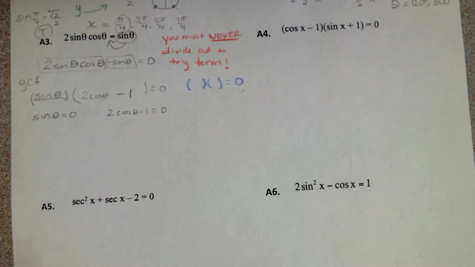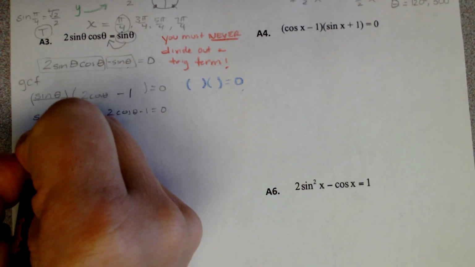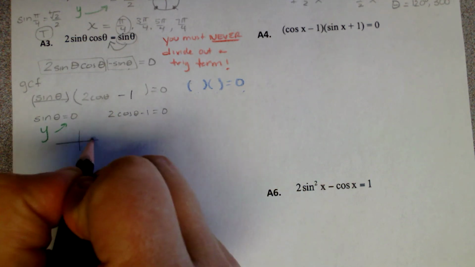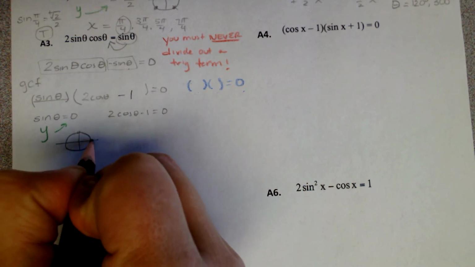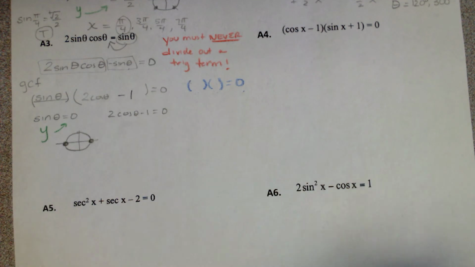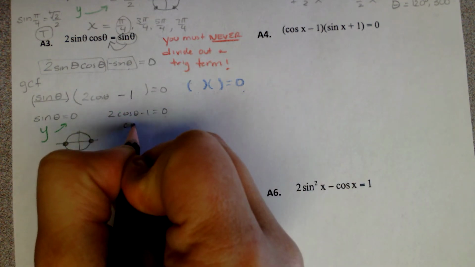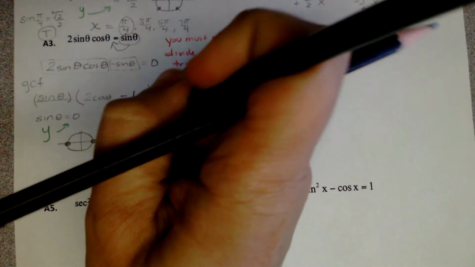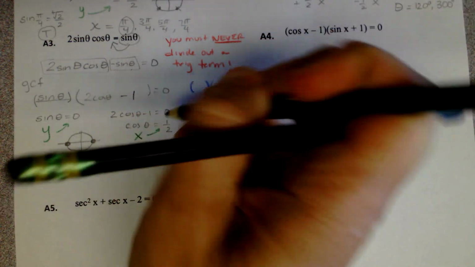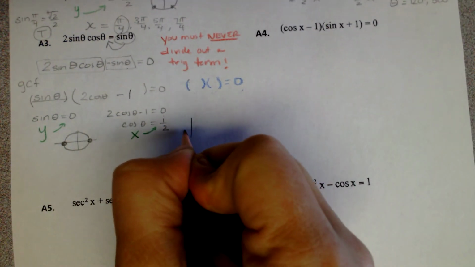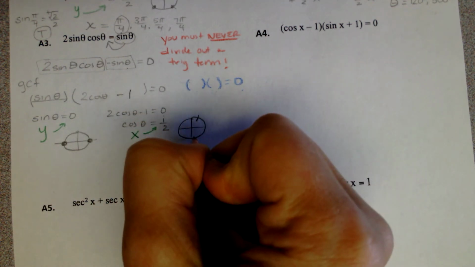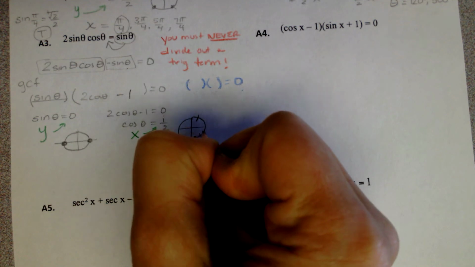Sine is going to be the y value, so I want to know where's the y value 0 on the unit circle. Y will be 0 here and here. If I solve this, I get cosine theta equals 1/2. So the question is, where is x equal to 1/2? That's going to occur up top here and down below here.